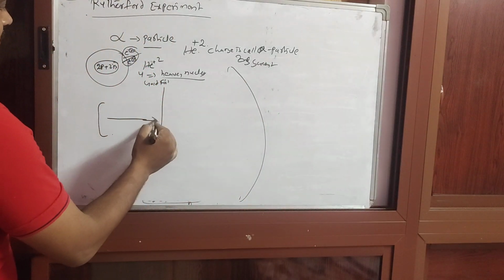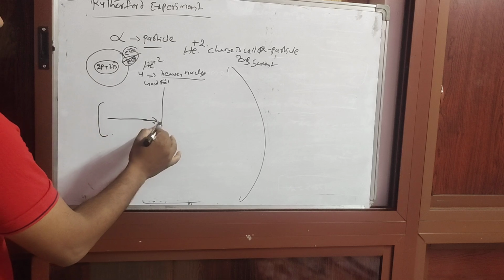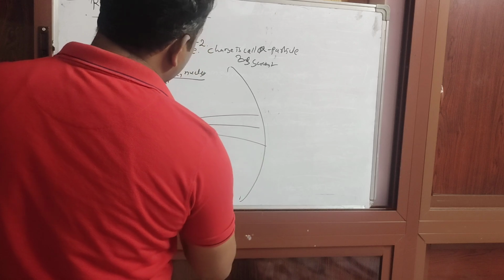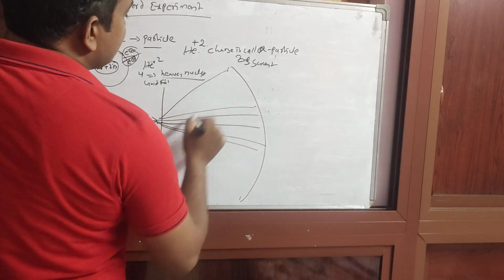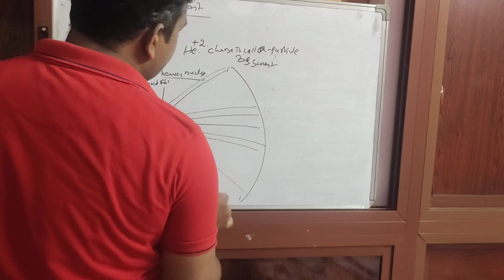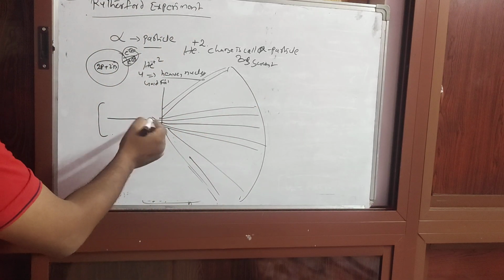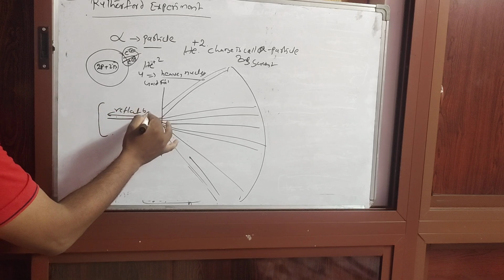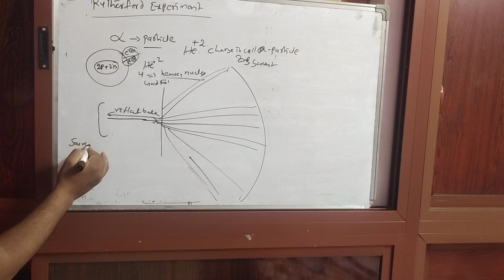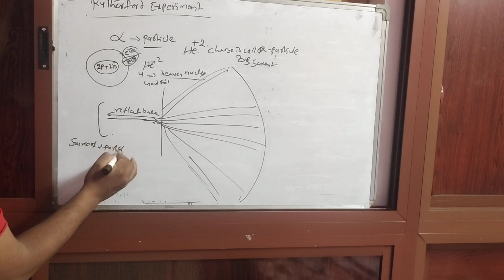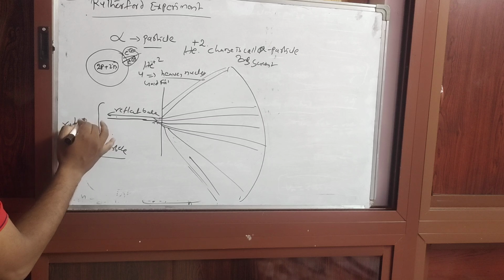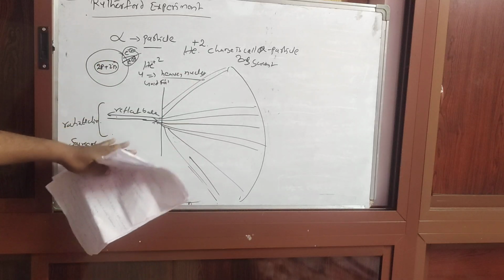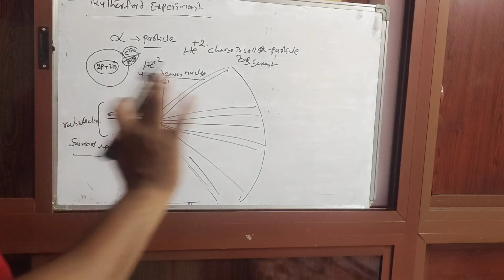By passing the alpha particles through this gold foil, most of the alpha particles hit straight. Some of the alpha particles go with a small deviation. Out of these, one alpha particle reflects back. This is the source of alpha particles, any radioactive element. This is the experiment.